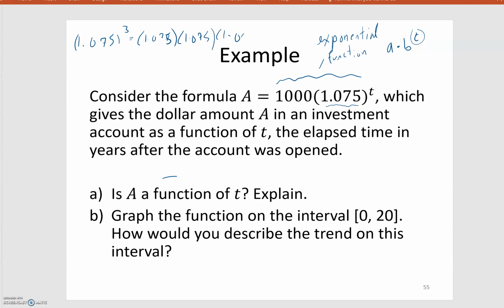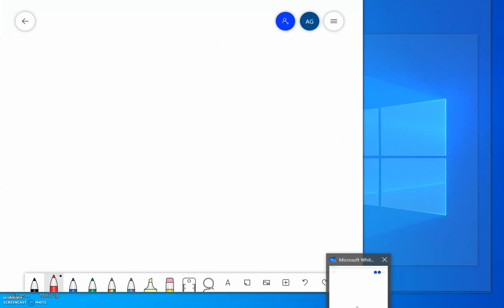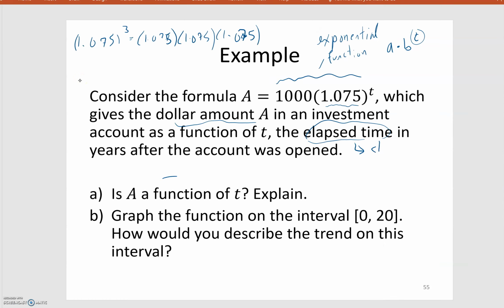Okay. Now what does this function do? It gives you the dollar amount A of an investment account as a function of elapsed time. So elapsed time means that the clock is reset. In fact, let me make a note of that. What I mean by the clock is reset is that it's basically like stopwatch time.